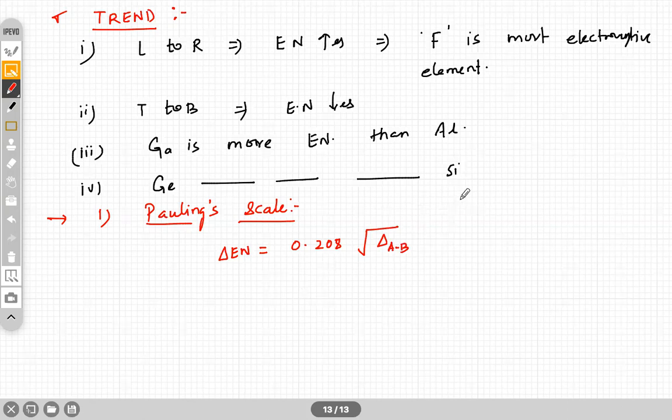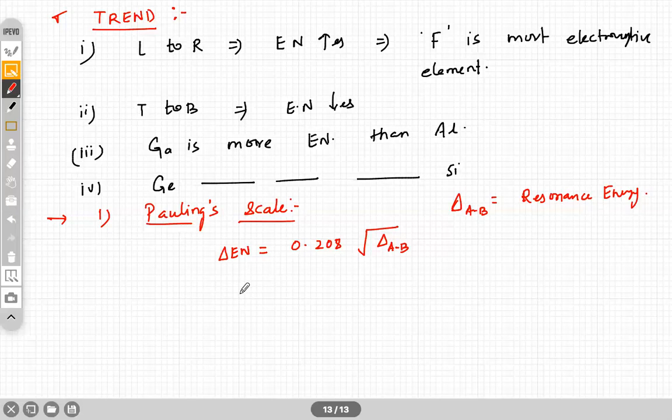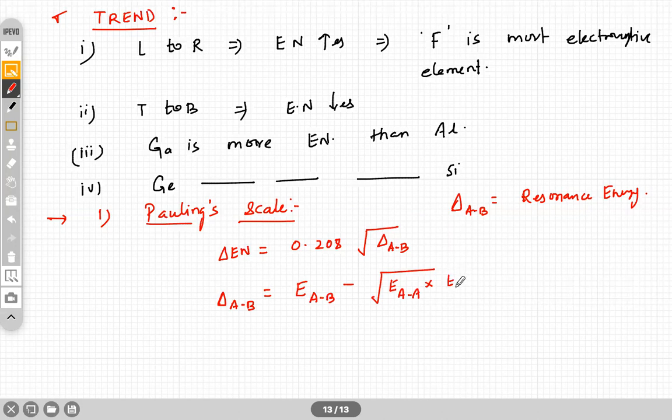What is delta AB? Delta AB is the resonance energy, which is calculated by this formula: EAB minus root over of EAA into EBB.